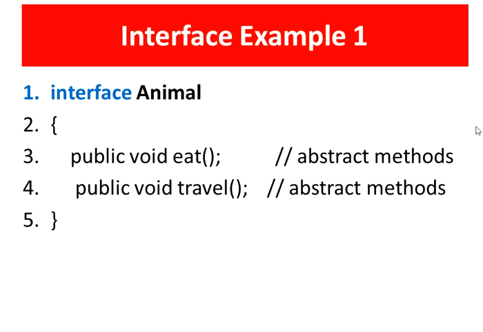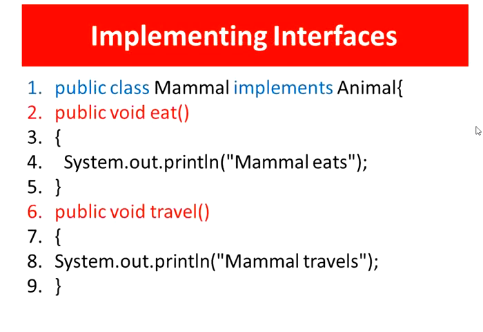Now let us understand how to implement the methods of this interface Animal. For this we have created a Mammal class which is public, and this Mammal class has implemented interface Animal. So this is written as public class Mammal implements Animal. In this you can see first the void eat method is defined.